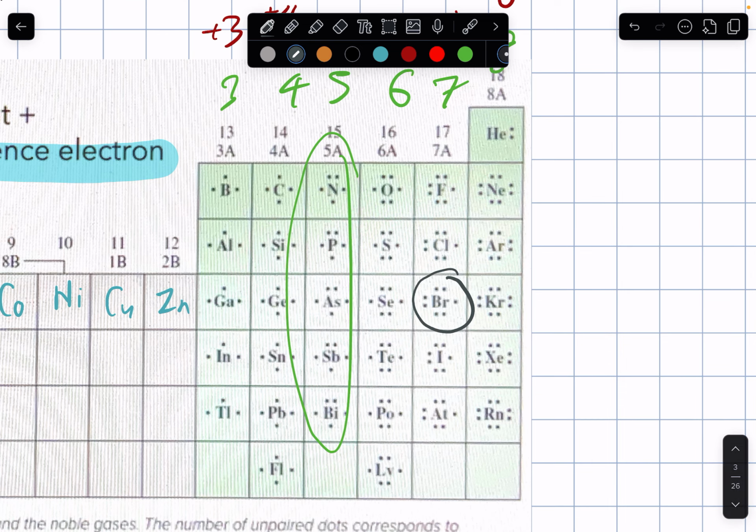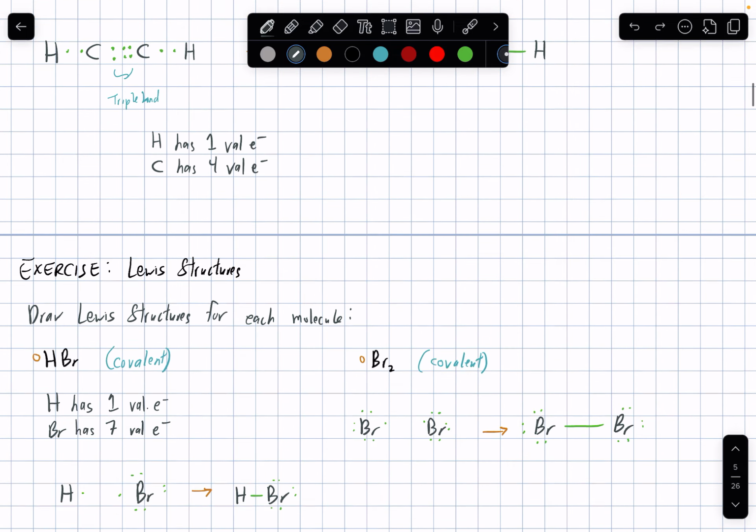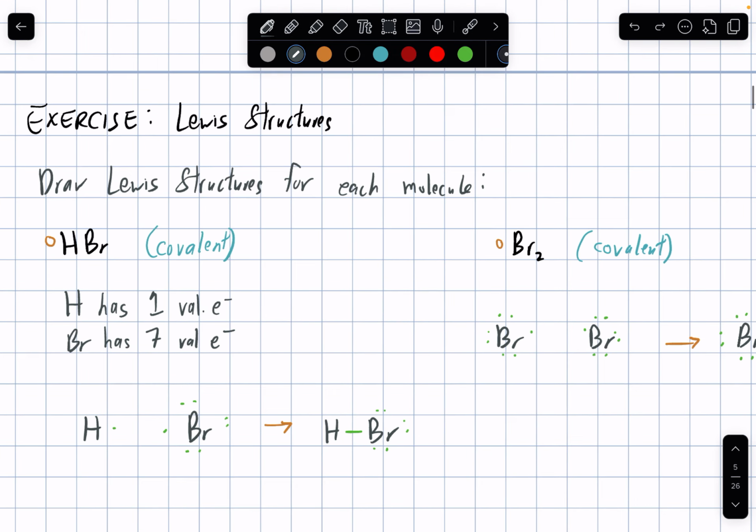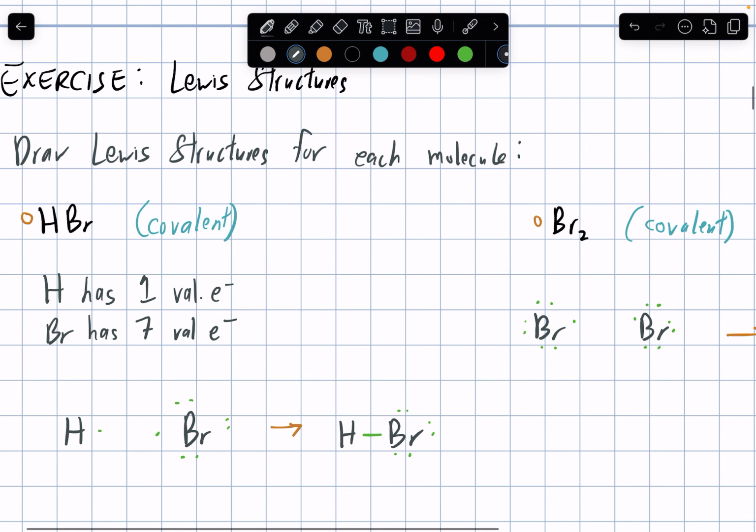Here. So it has 7 valence electrons. So 2, 4, 6, 7. And then when you connect, you have one single bond. So this is it. That's the Lewis structure.